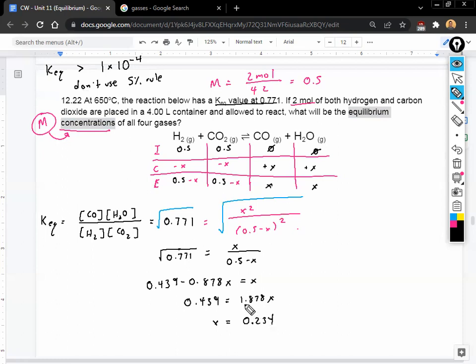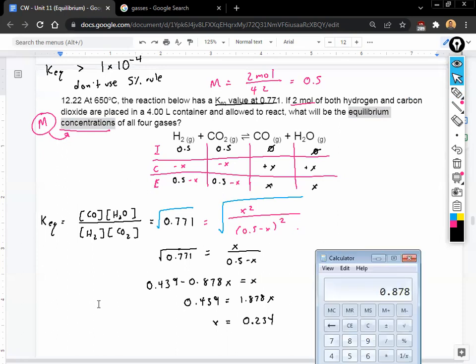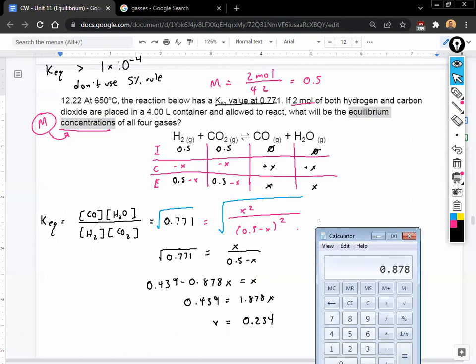No, because you need to divide by 1.878. Let me see. So you're talking about this step right here, going from here to here. Okay, let's check it out. 0.771 squared is going to be 0.878. So just so that we can have some bookkeeping, 0.878, and then you'll have to multiply that by 0.5.